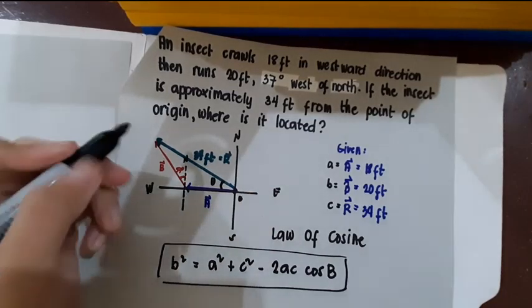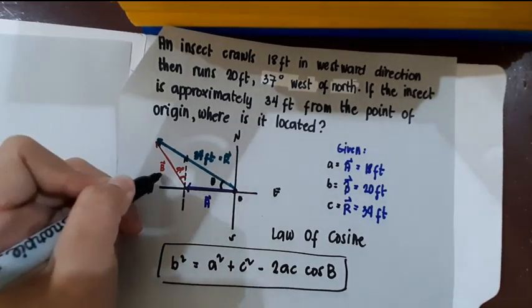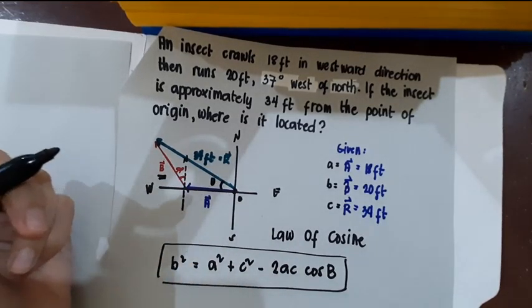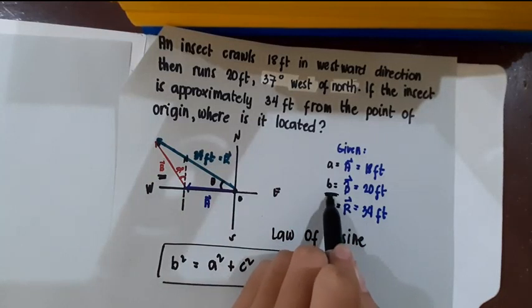It's because the side opposite the angle we are looking for is vector B, the small letter b.